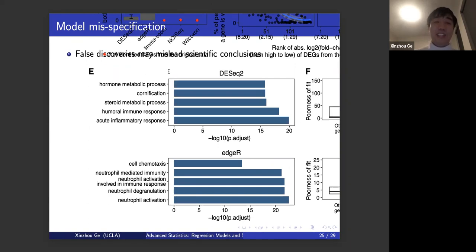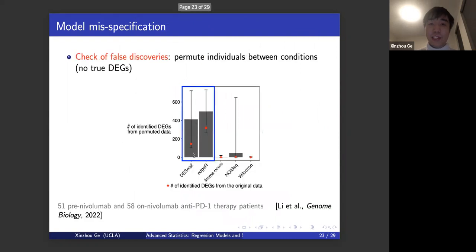Yeah, but if we just focus on panel E here, what this did was to look at the enriched biological pathways which are related to those false DE genes. These genes are identified as DE genes on the permuted dataset, so they are definitely false discoveries.